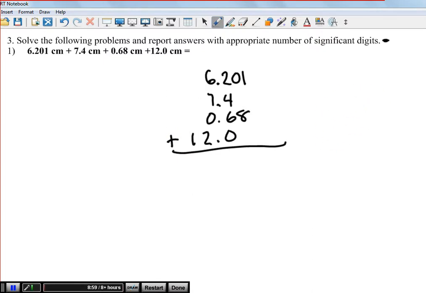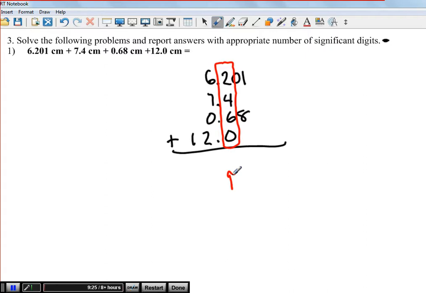Now what is the smallest place that every single number has in common? The smallest place is the tenths spot. So our answer will be reported to the tenths spot. Now you can do math any way you want. If you wanted to do it by hand, you can do it by hand.